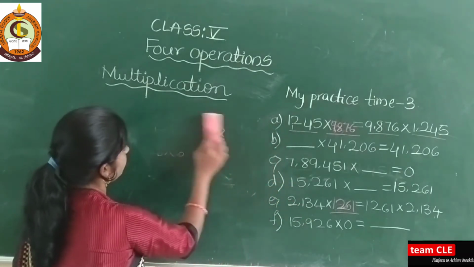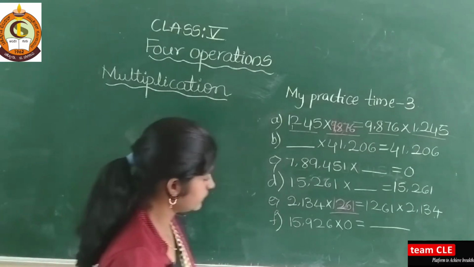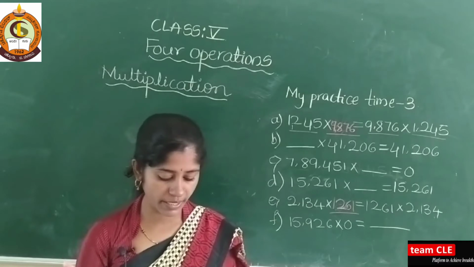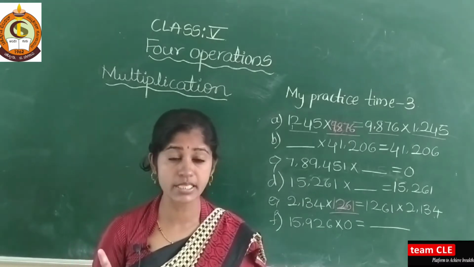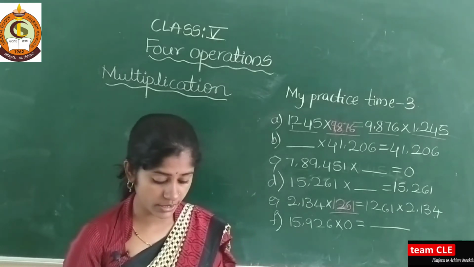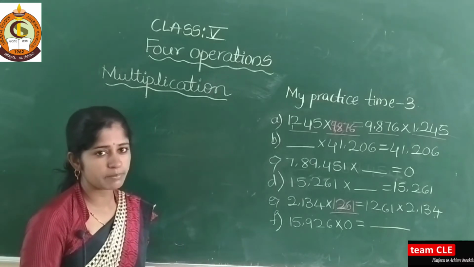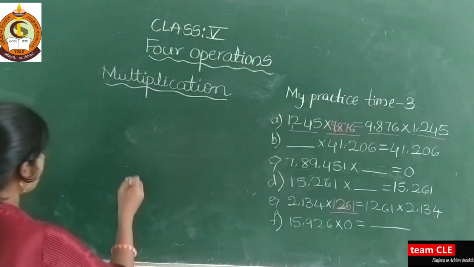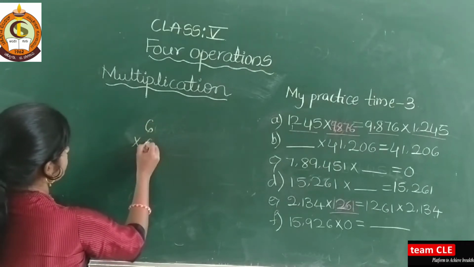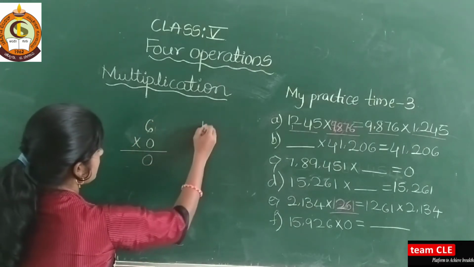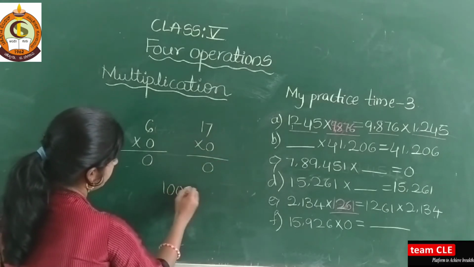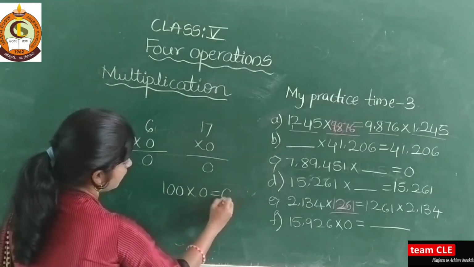Next one more property will come, that is: if 0 is multiplied with a number, the product is always 0. If 0 is multiplied by any number, the product is 0. For example, 6 into 0 is 0, 17 into 0 is 0, 100 into 0 is 0.